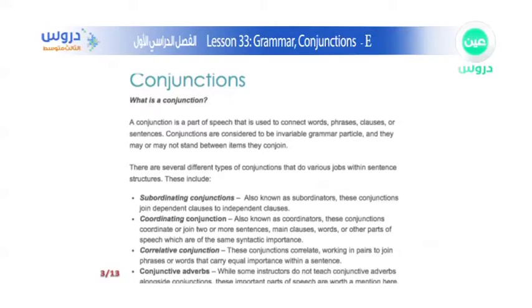These adverbs always connect one clause to another and are used to show sequence, contrast, cause and effect, and other relationships. Let's move on to the next slide to clarify the whole thing over here.